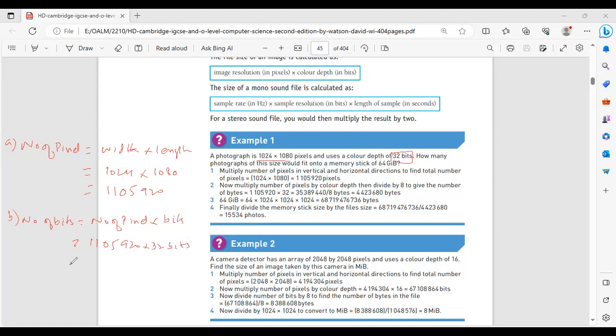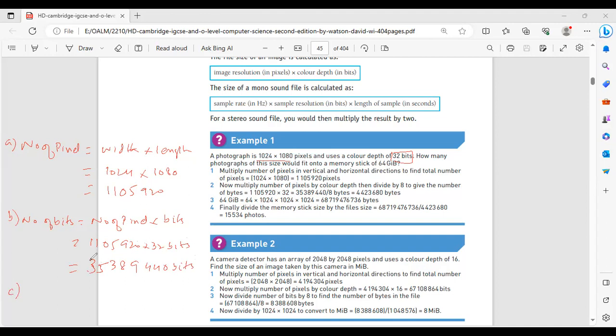So you will get the number of bits: 35389440 bits. It's a very tedious calculation. You have to be very smart in this.